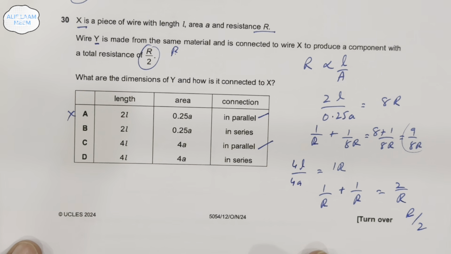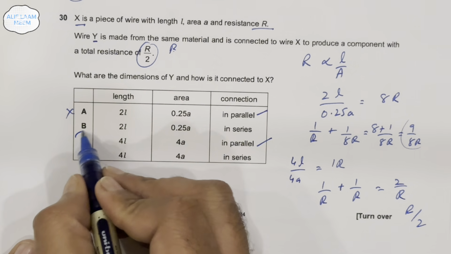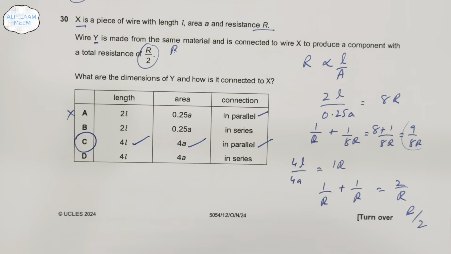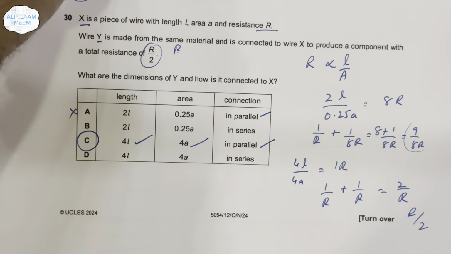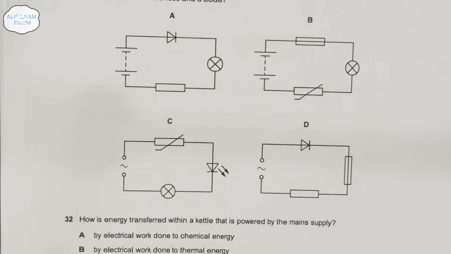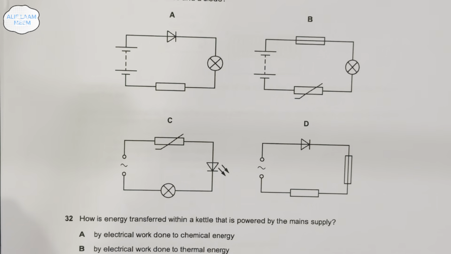So option number C is the right choice over here. This is one of the trickiest questions of this paper, like 13, and some calculation questions are tricky in this paper.